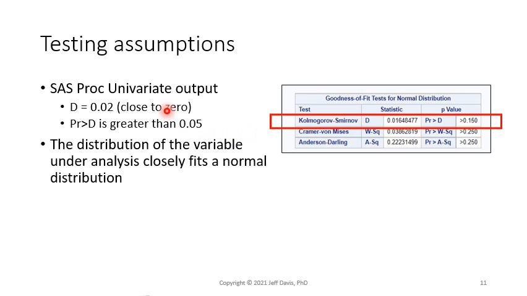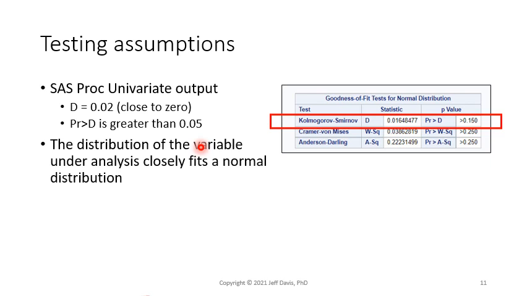So we have something that looks pretty close to a perfect fit, which means we can't reject the null hypothesis. Because if the Pr greater than D value is 0.05 or less, there's only a very small probability of the null being true, and therefore we reject the null.